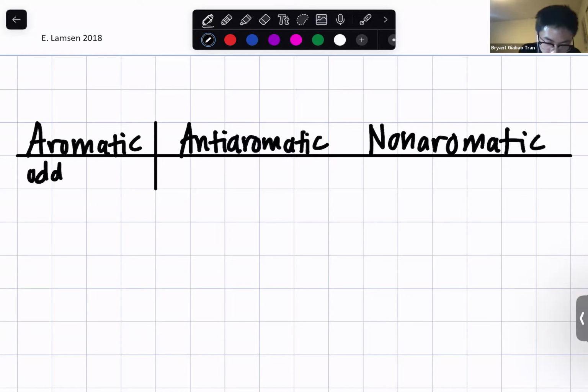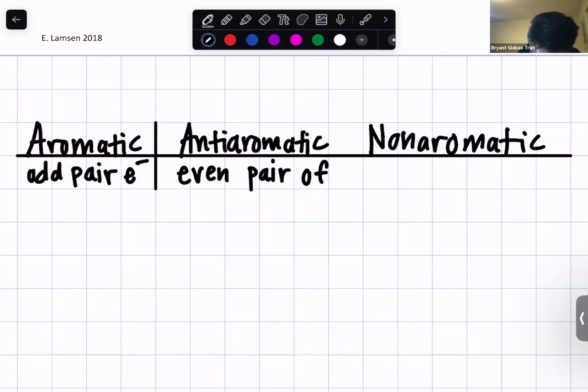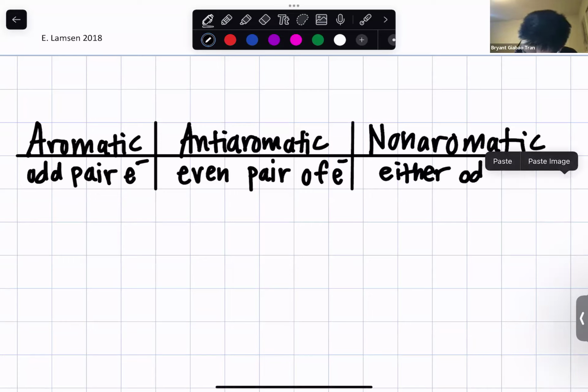If it's three pairs of electrons, that's six electrons, but an odd number of pairs. Anti-aromatic will have an even pair of electrons. And non-aromatic can have either odd or even pairs.